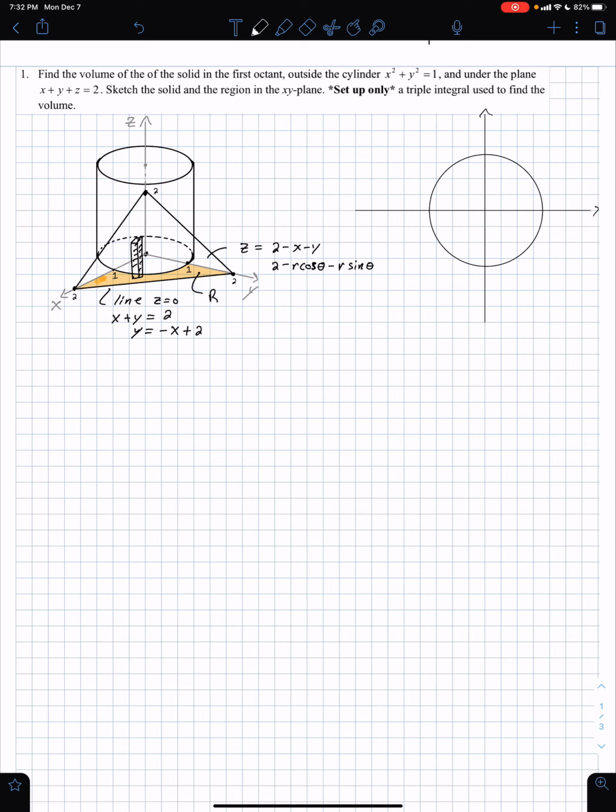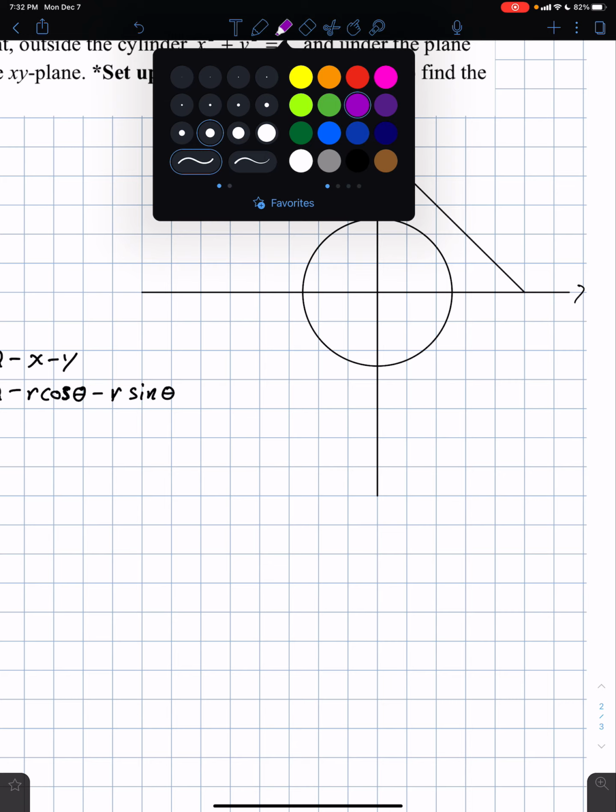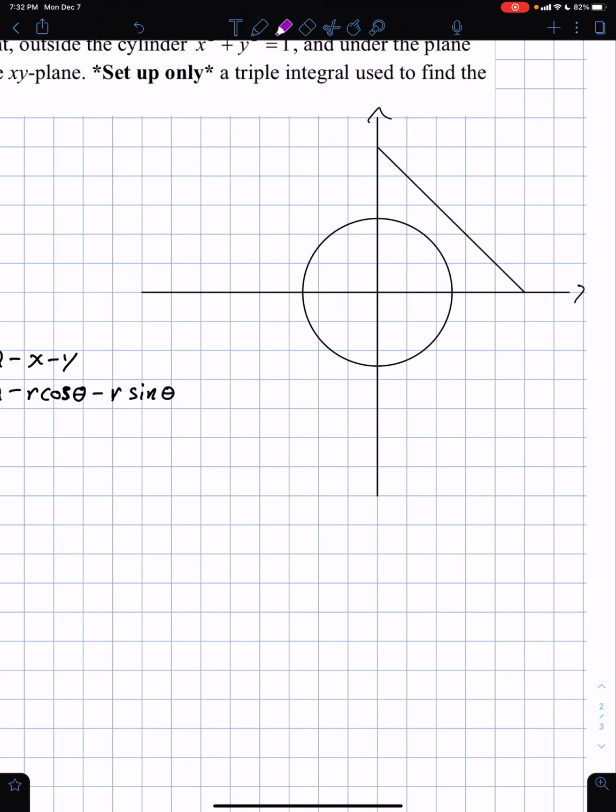And then I'm going to need to shrink that. Okay, I'll make that do right there. Then you have this line over here. So if that's 1, right about here, you got a line that goes like that. So it's this region right here that you're adding up around. Okay, so this is what you have for a region that you're adding up around.